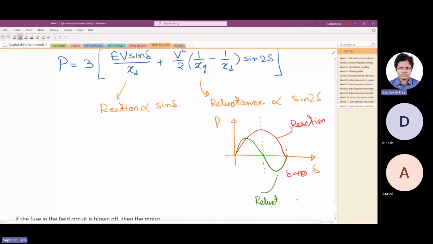If you add them up, maybe something like this you will get. This depends very much on how the machine is designed. Sorry, how should it look? Here it is 0, so here it should be equal.